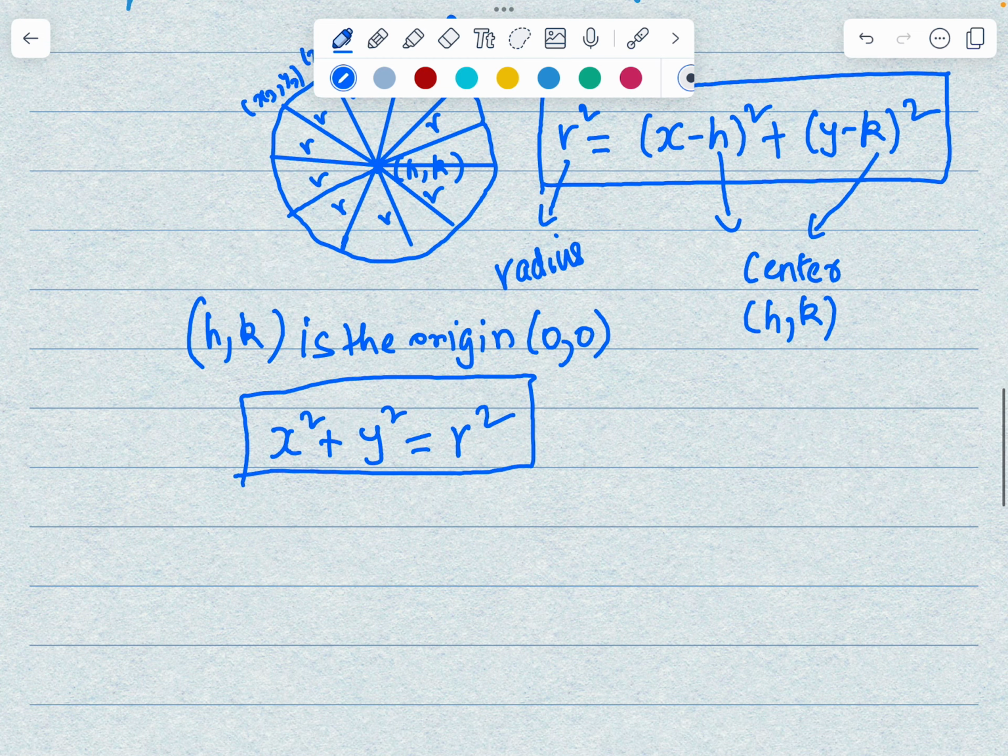Before we look at some problems associated with the circle, there is one theorem in geometry that you should know.